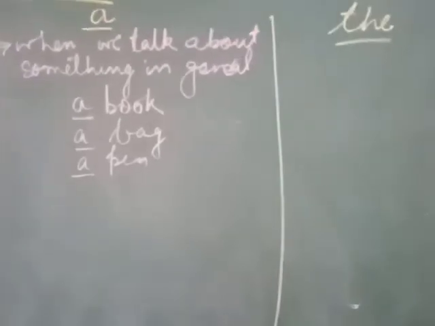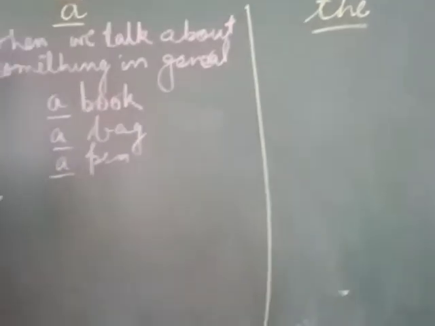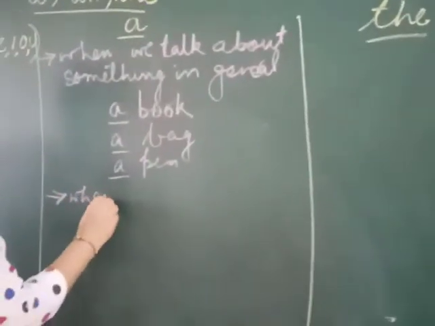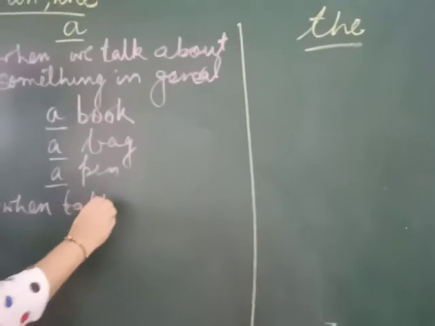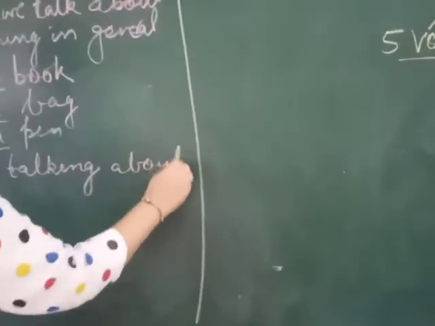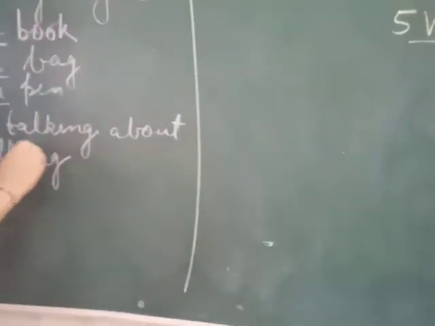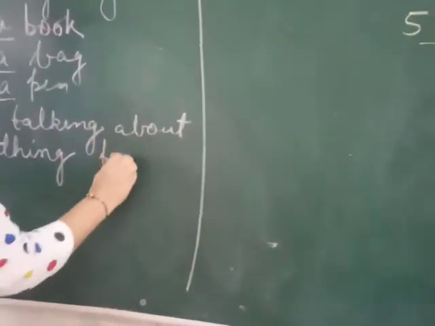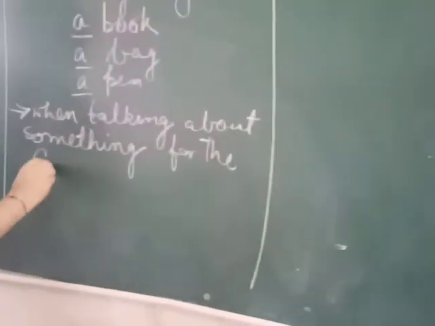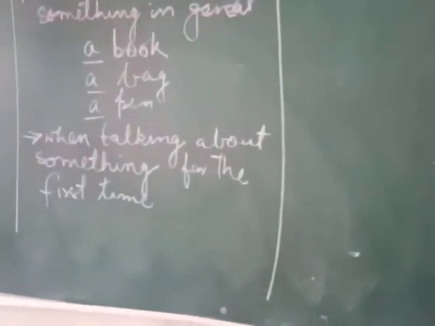Now the second is when we are talking about something for the first time. जब हम किसी के बारे में for the first time बोलते हैं, when talking about something for the first time, like I went to a park, there I saw a tree.